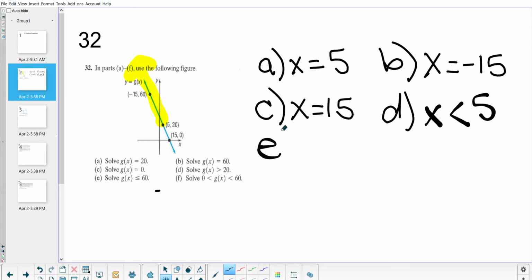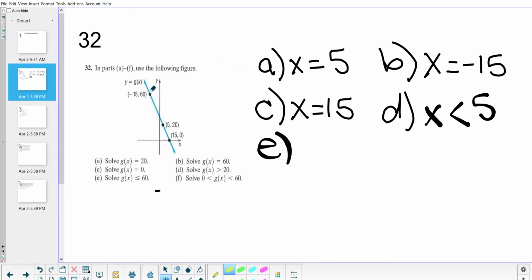E. Solve for when g of x is less than or equal to 60. When is the y value less than or equal to 60?